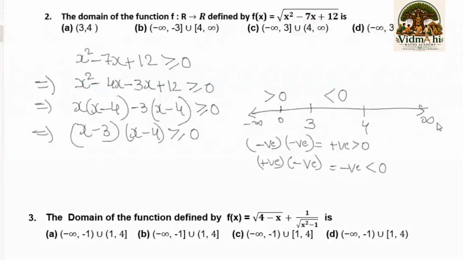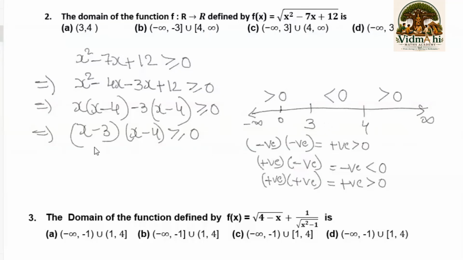Next, 4 to infinity. Consider any one value, for example 5. 5 minus 3 is positive, 5 minus 4 is positive. Positive into positive is positive, so that is greater than 0. In this interval, the function is greater than 0.